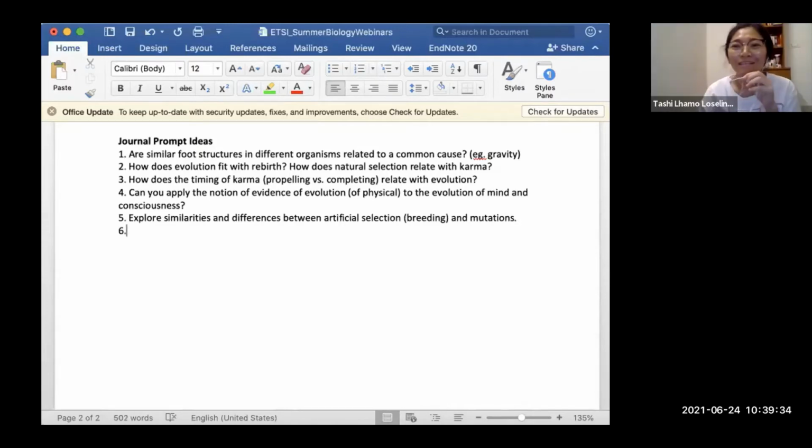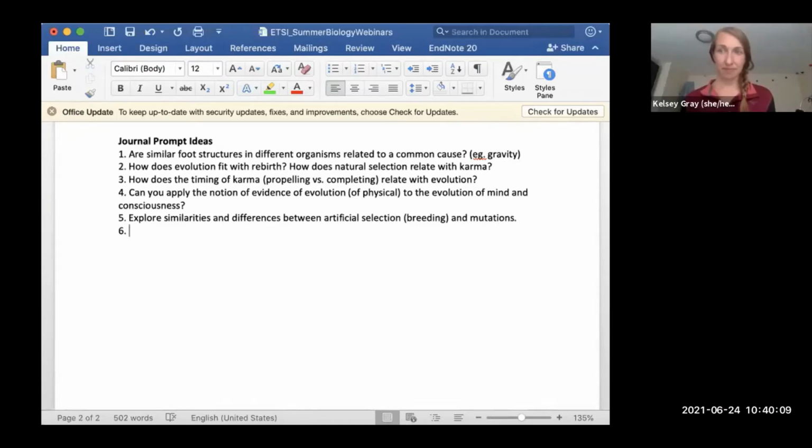Hello. From our group, we have a few questions, but one of them is already covered over here, regarding the evolution of mind and consciousness and how it is related to the evidences of evolution. But one question I found quite interesting is the question that Calvin asked, about imperfection.